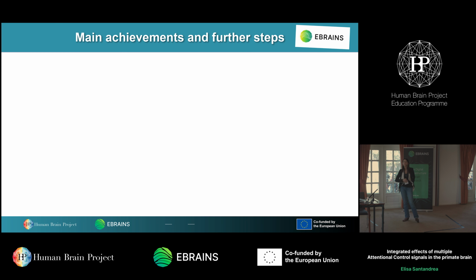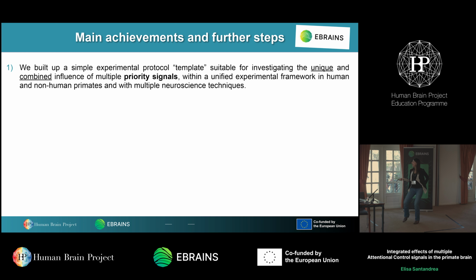And to get a broader picture, the most important thing that we can highlight in the project in terms of general achievement is the development of this reference protocol, which is suitable for investigating the influence of very different types of attentional signal within a unified experimental framework, and that can be applied both to human and non-human primates, and also used with very different techniques.